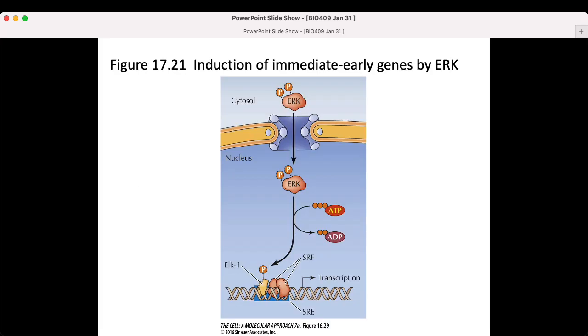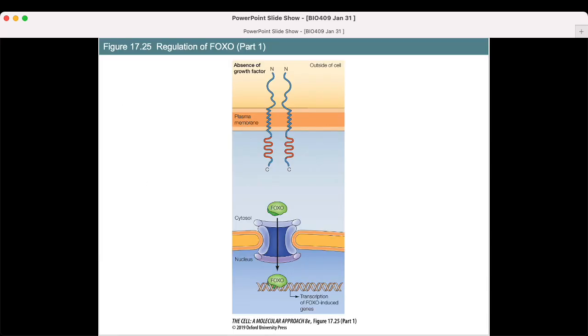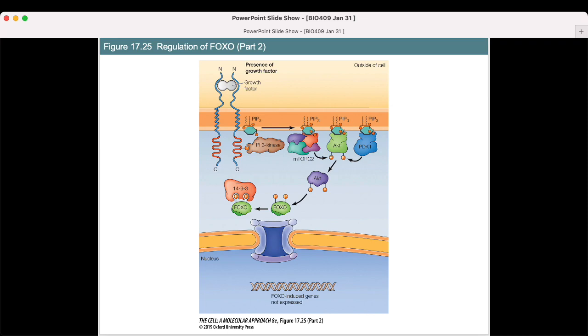each of these has got a story, and for the FOXO, it gets phosphorylated, and as a result, that 14-3-3 protein binds, and the 14-3-3 protein prevents it from getting into the nucleus.